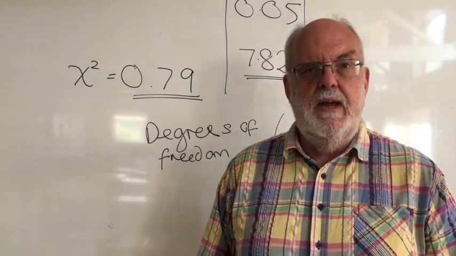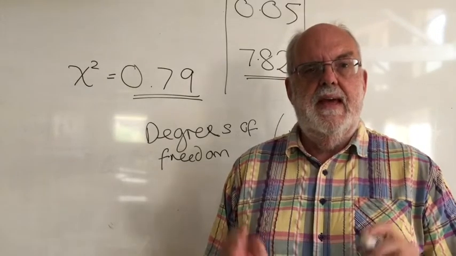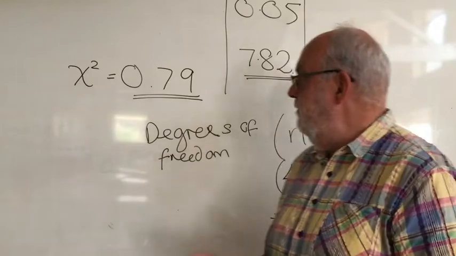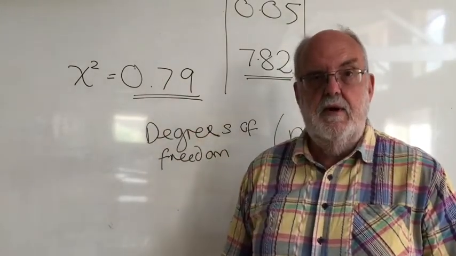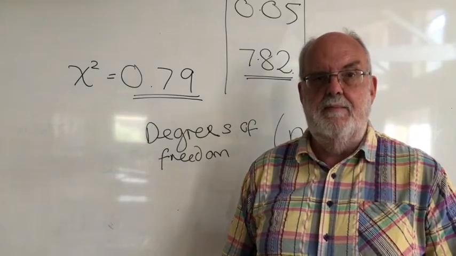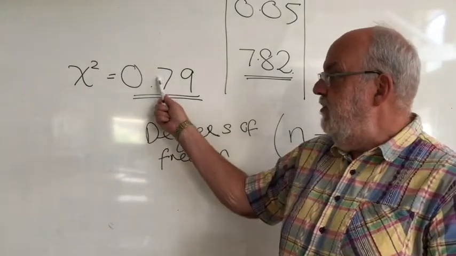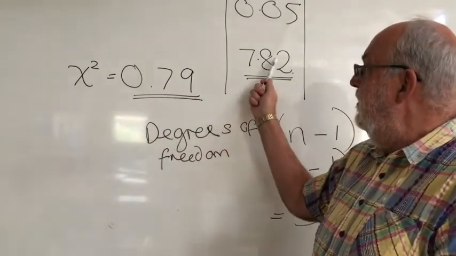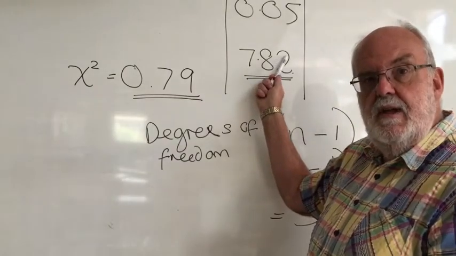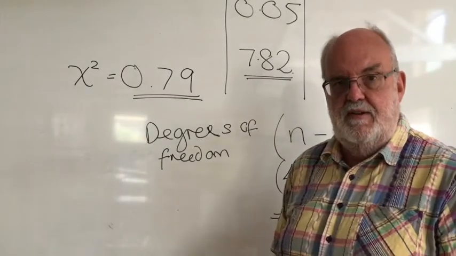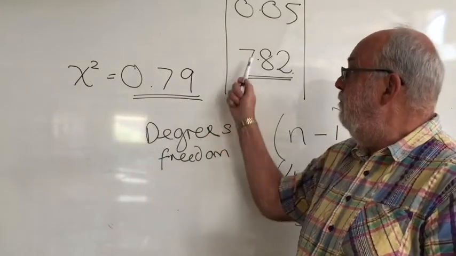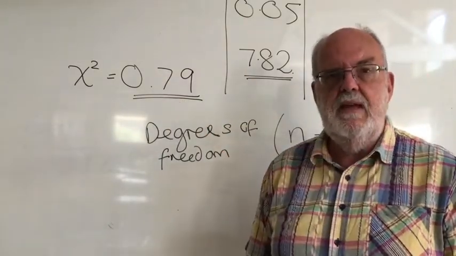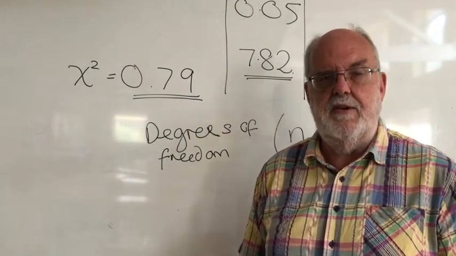All we're going to do is say, was the result you got, 0.79, significant or not? Could it have happened by chance? Because your number is smaller than the one in the chart, it happened by chance. If this had been a bigger number, it means that there must have been some other factor involved.